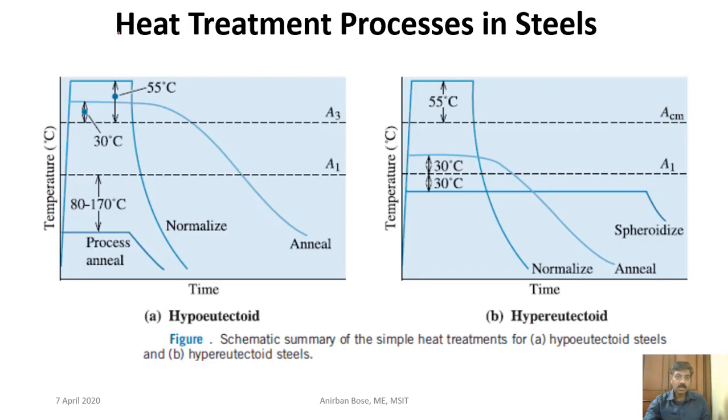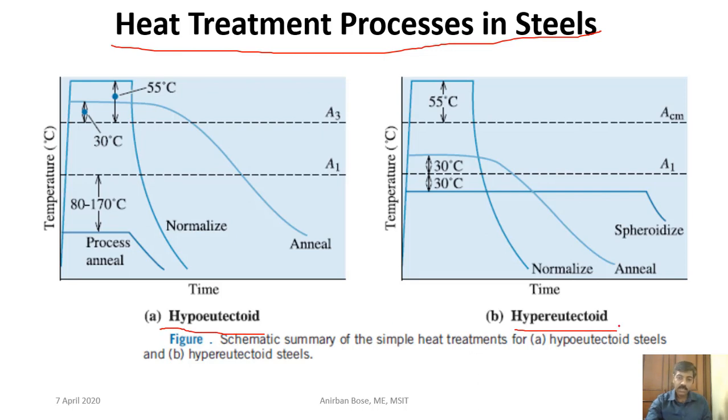Now coming to the heat treatment processes in steels, these are the actual ranges at which the temperature is first attained, and then after that how the annealing, normalizing or other heat treatment processes are done. This is a very important guideline. Okay, and for the hypoeutectoid and for the hypereutectoid, they are different.